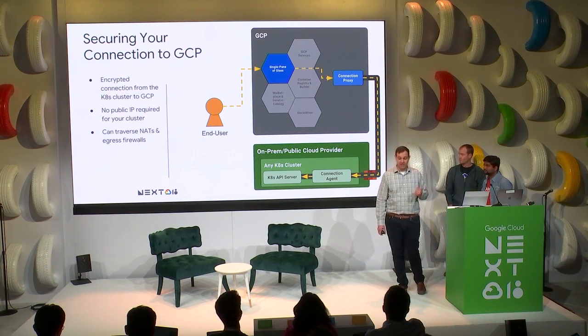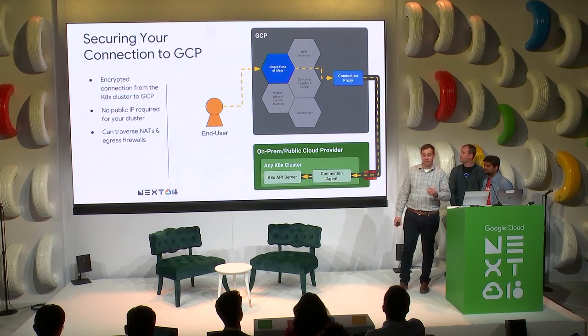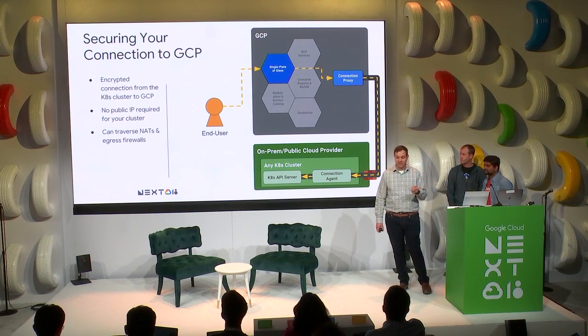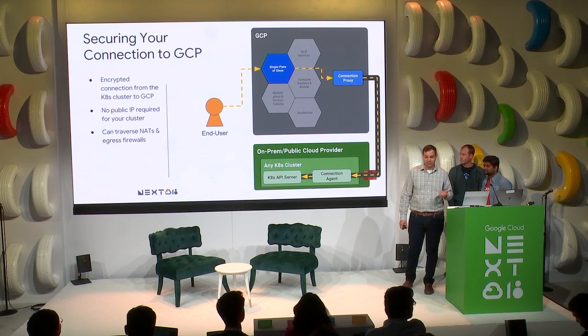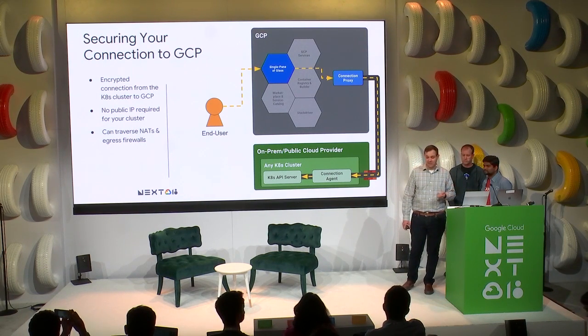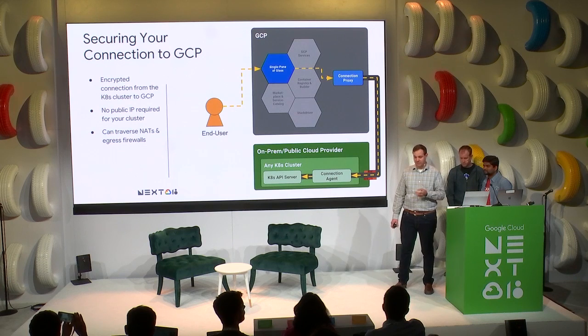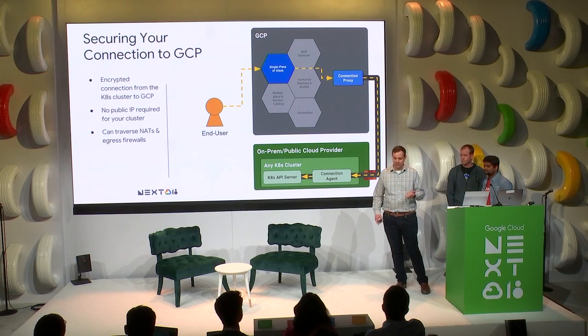So when an end user comes in and they talk to the Cloud Console, their request to view a workload on the cluster will route through that connection, back through the agent, and ultimately to the API server.